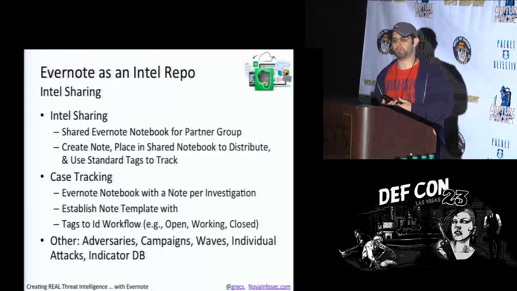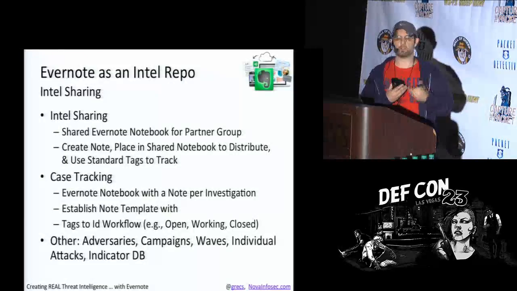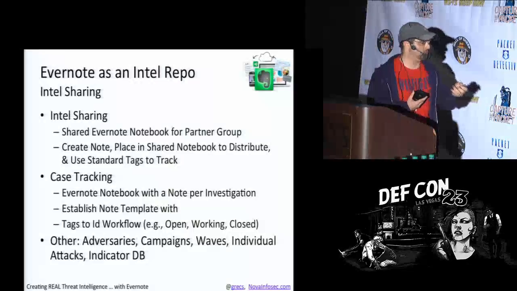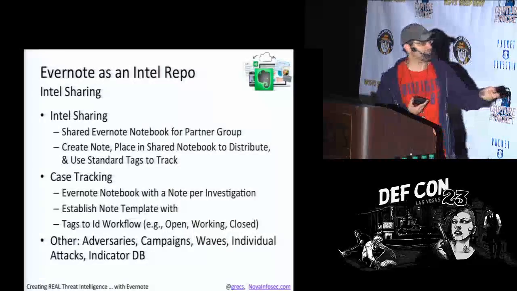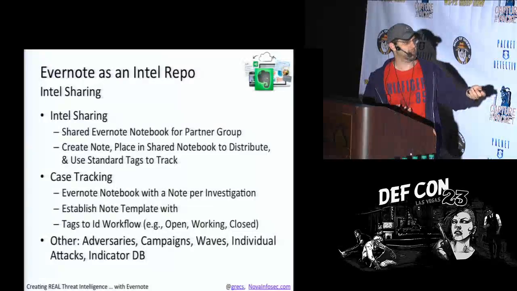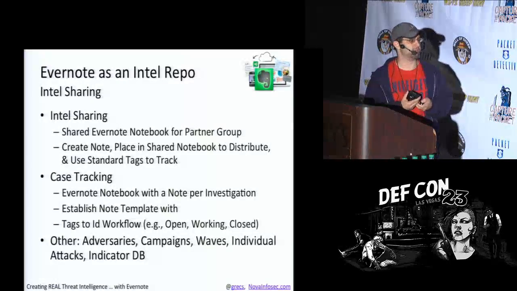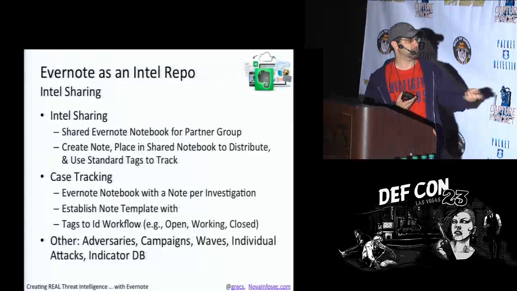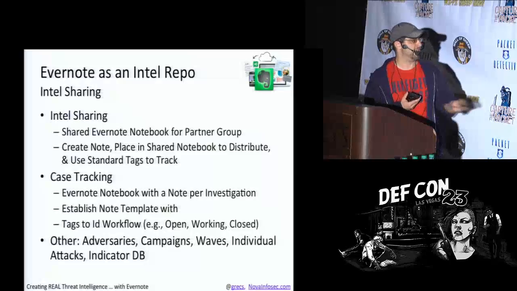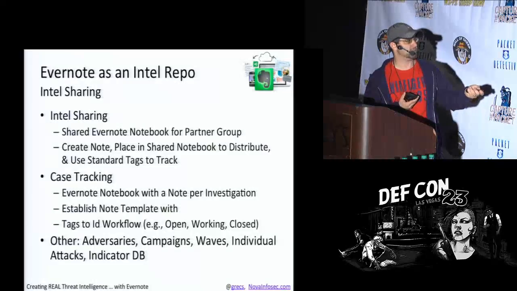Maybe if there was like the open source feed or my partner feeds, seeing the source of where I got that. And you can do the same things with every adversary. You can map it to have a notebook for campaigns and do that same cross-referencing. And associated with campaigns, there's waves, and then individual attacks, and then also having an indicator database.